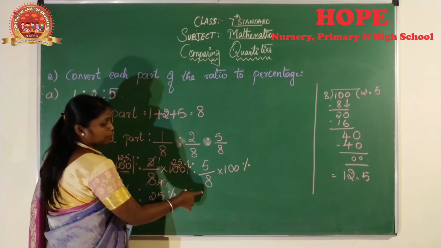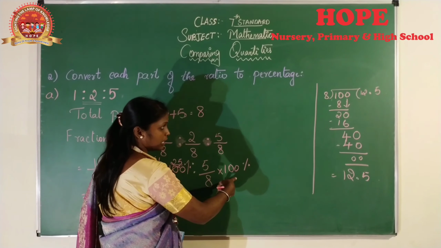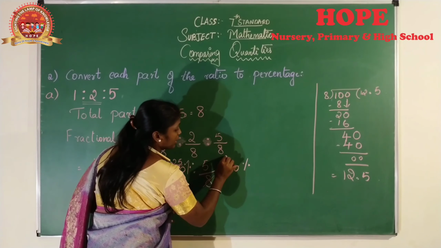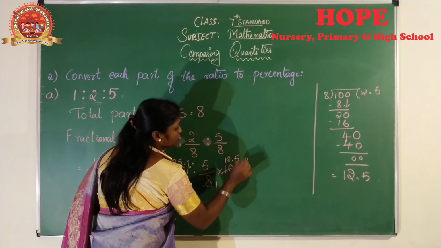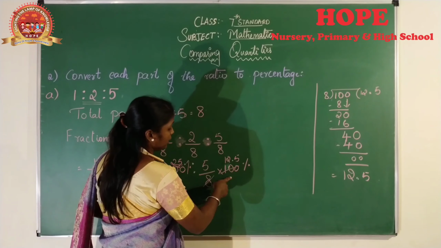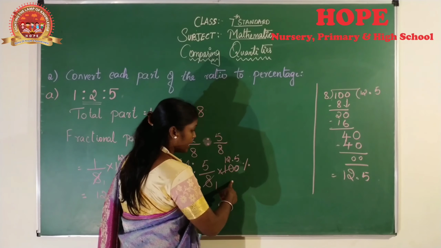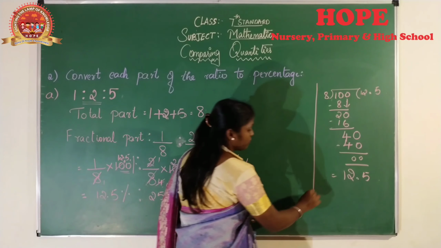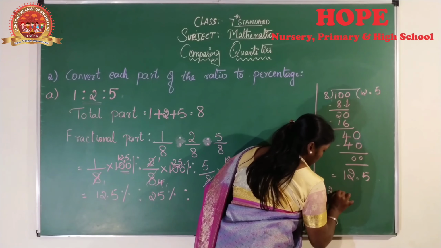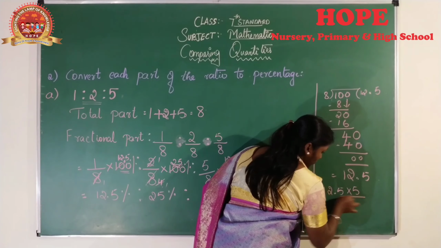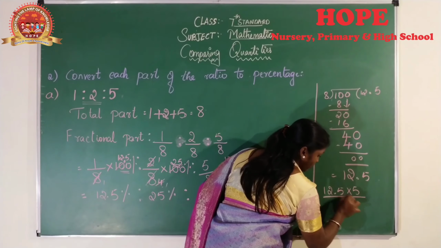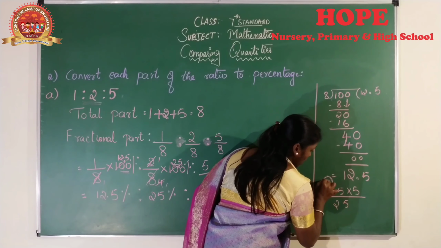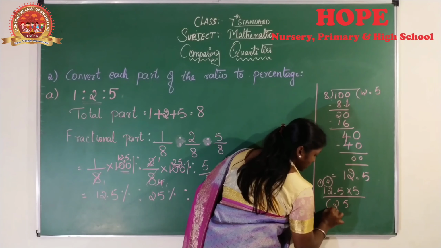That is to 5 by 8 into 100 percentage. The same cancellation we can do. 8 into 12.5 is nothing but 100. So you have to multiply 12.5 into 5. 5 fives are 25, 2 to carry over. 5 twos are 10, 10 plus 2 is 12, and 5 ones are 5, 5 plus 1 is 6.